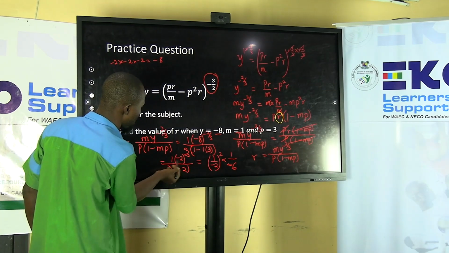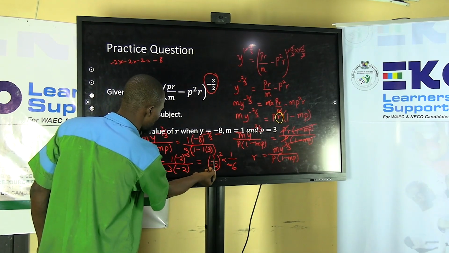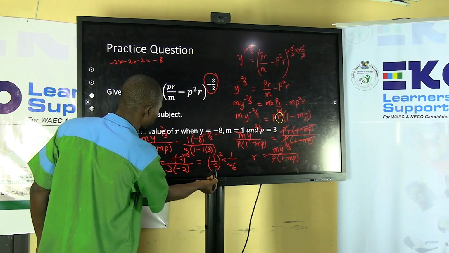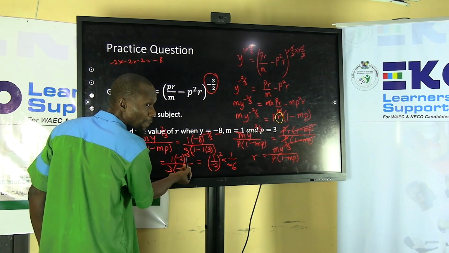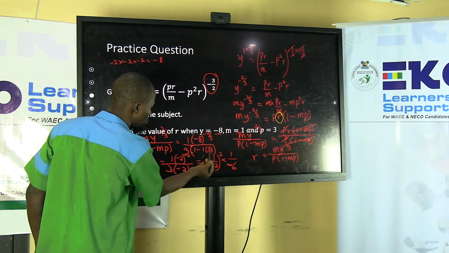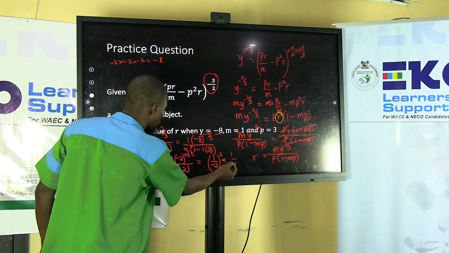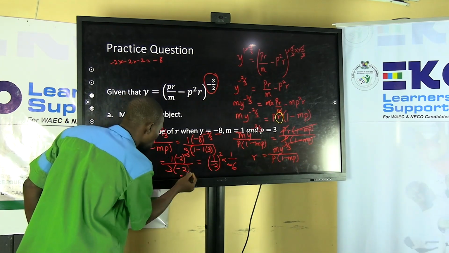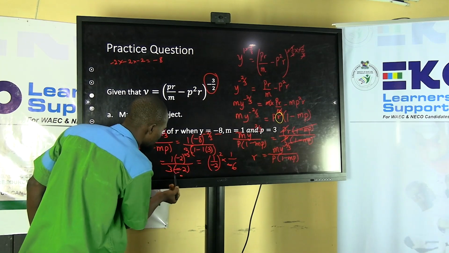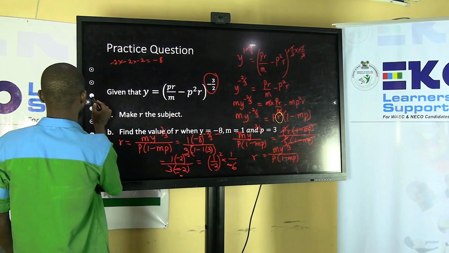This is our numerator, which is this. It has changed to 1 over minus 2 because of this power minus 2. So 1 over minus 2 squared multiplied by 1 over minus 6.